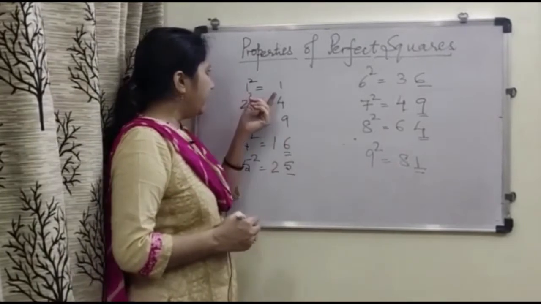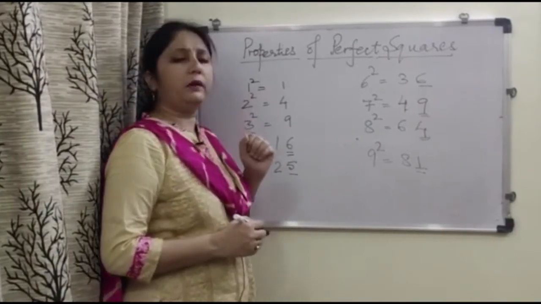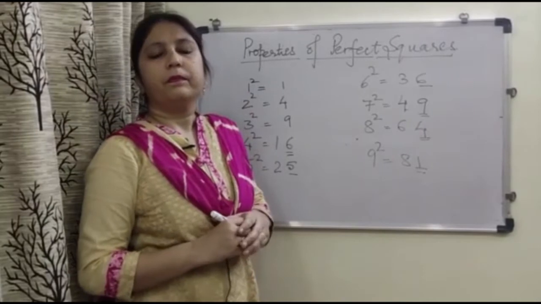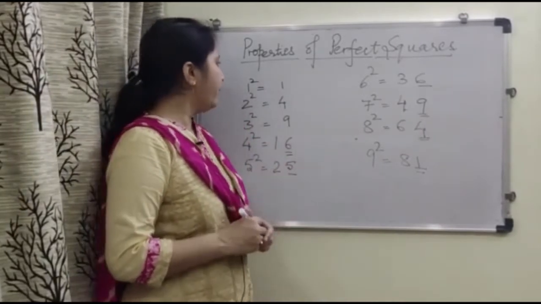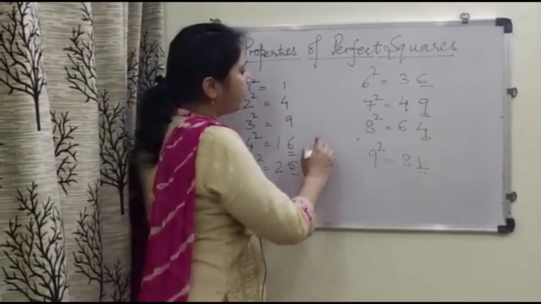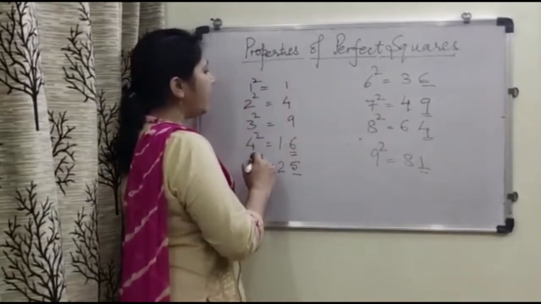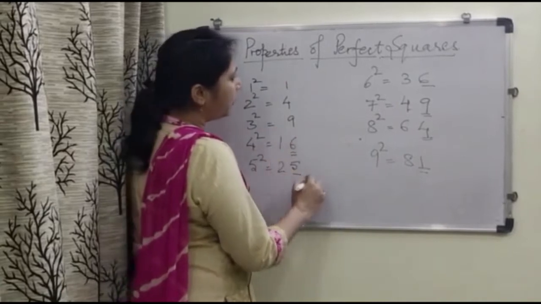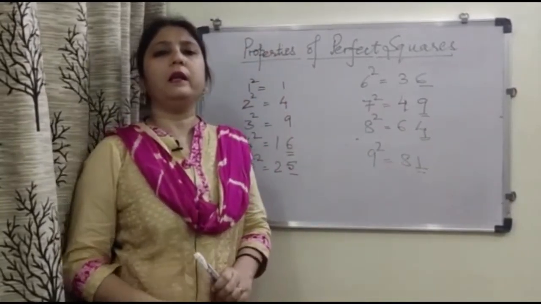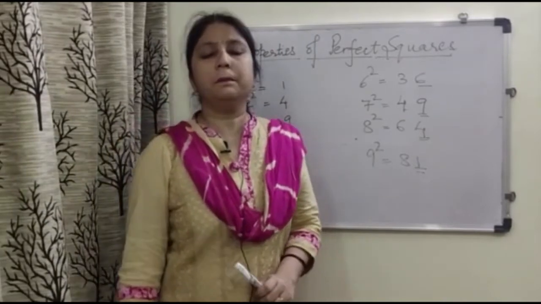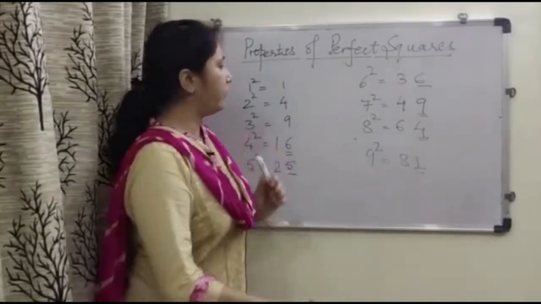If a number is ending with 1, its unit place will obtain digit 1. Likewise, the others. So we can find from this table that we are not finding 2, 3, 7 and 8 whenever we are squaring the numbers with these various digits.